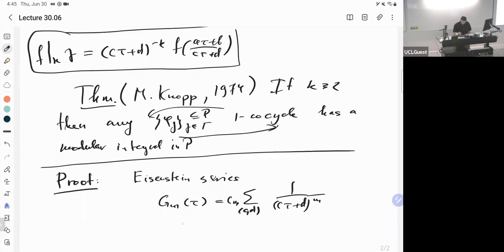But if you use this group action notation, it's actually much cleaner to write it as the sum over all coset representatives, I will explain what this gamma infinity is in a moment, of the constant function 1 acted on in weight m by the element gamma.